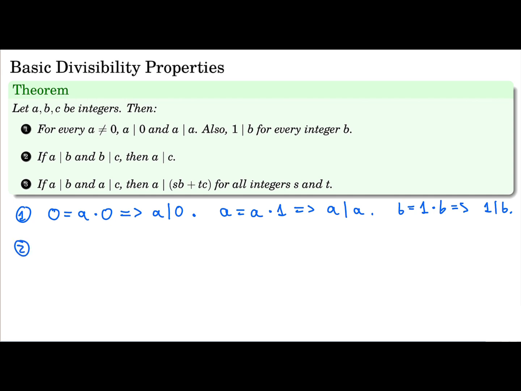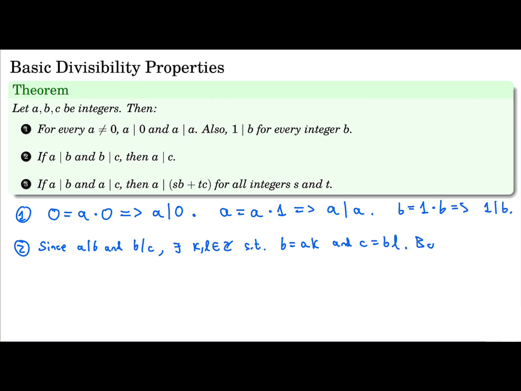For the second one, if a divides b and b divides c, then a divides c. So how do we show something like that? Since a divides b and b divides c, that means that there exist integers k and l such that b is equal to ak and c is equal to bl.